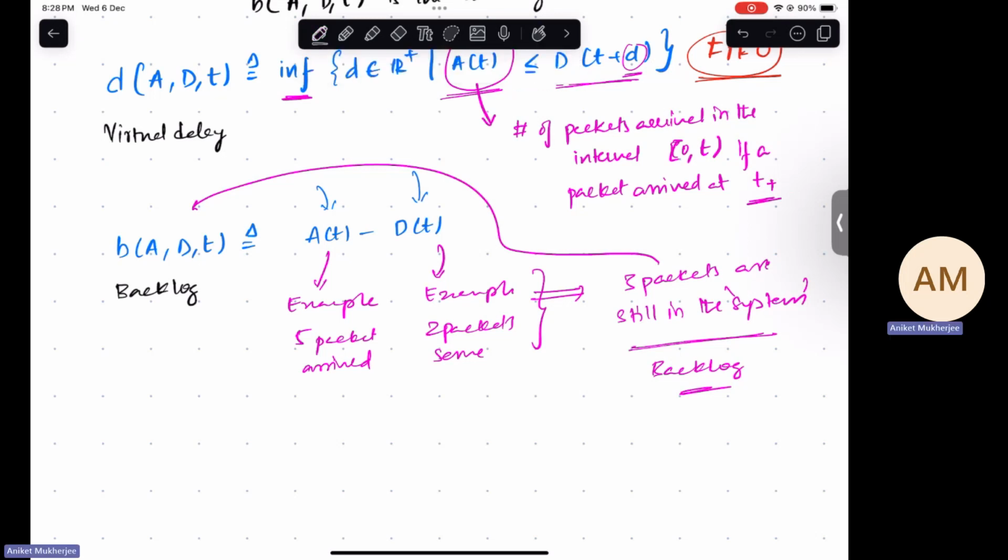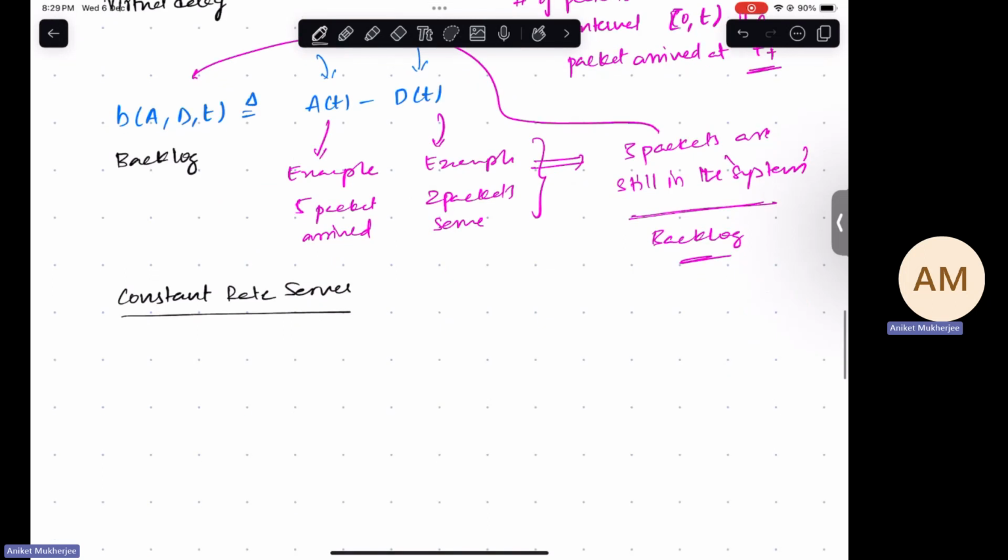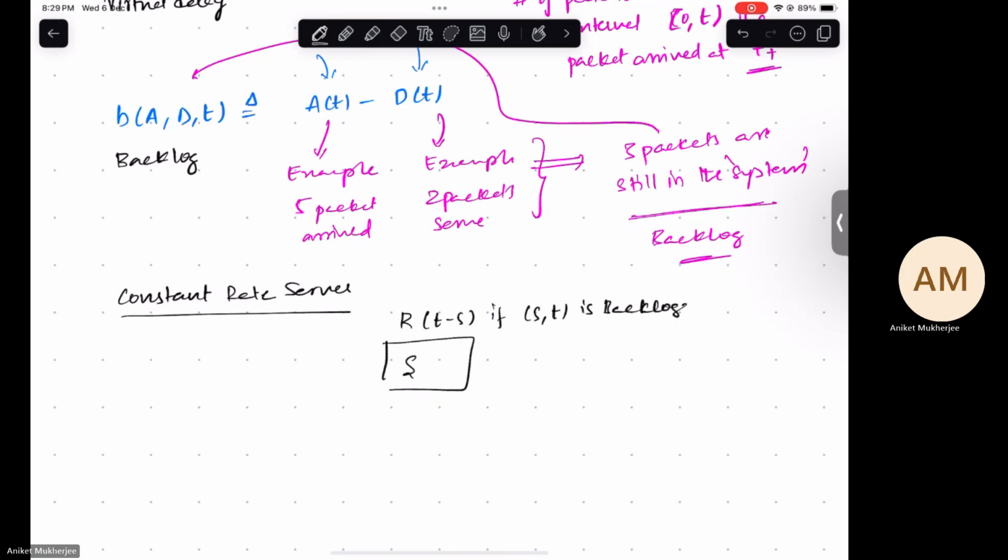Okay, now let's go back to the constant rate server that we modeled yesterday. I hope you remember what a constant rate server is. So you have a server which serves at constant rate. It serves at R(t minus s) if (s, t) is backlog. So departures D(s, t) equal to this.